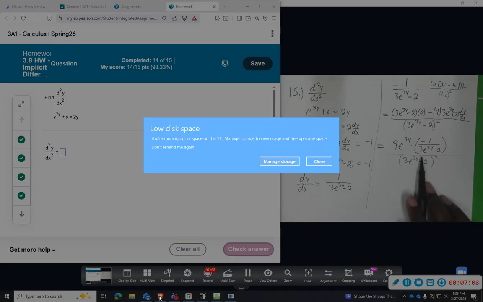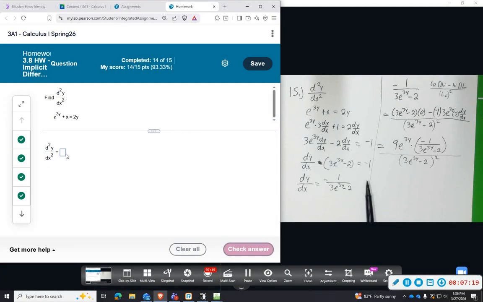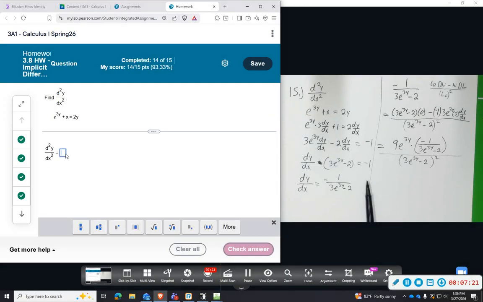Now we could probably do some manipulation, clean up a little bit, but just for the sake of time, we're going to leave it like here, and we'll go on.